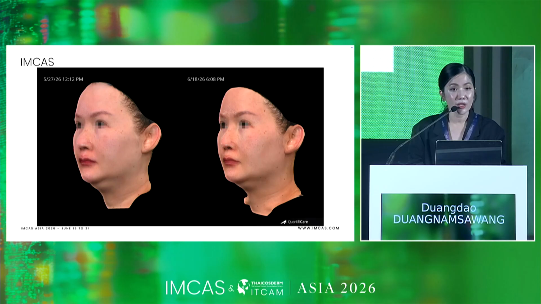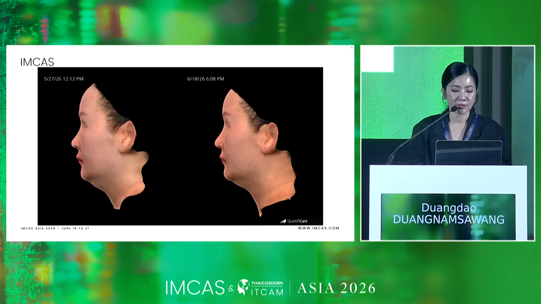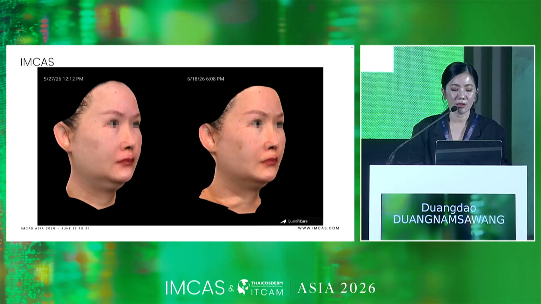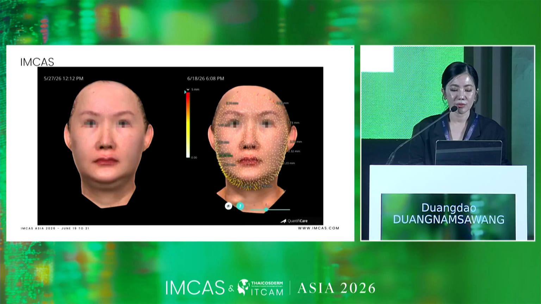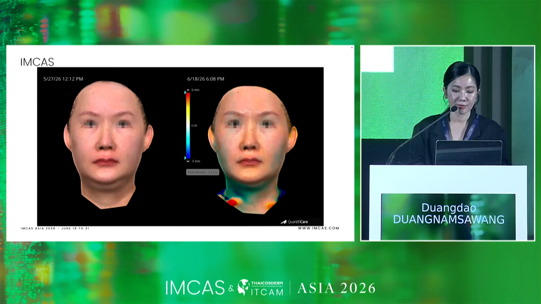The submental is obviously diminished, on the left side and right side. Comparing the tissue lifting, I think there's no difference in both sides, and obviously lifting. The volume depletion is the same in both sides.